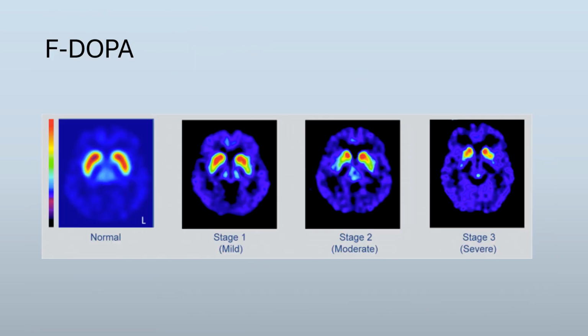This is normal uptake within the brain. As you start losing the shape of that, and sometimes it'll be lost on one side but not the other, it progresses from stage 1 to severe stage 3.